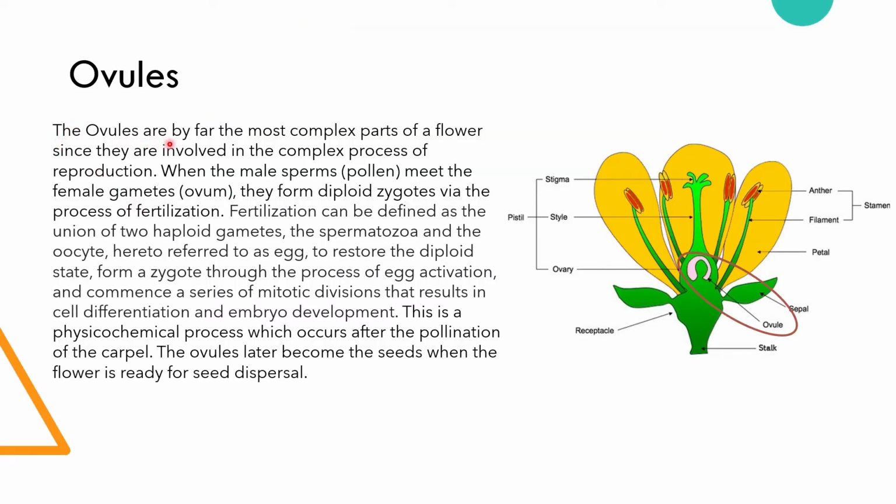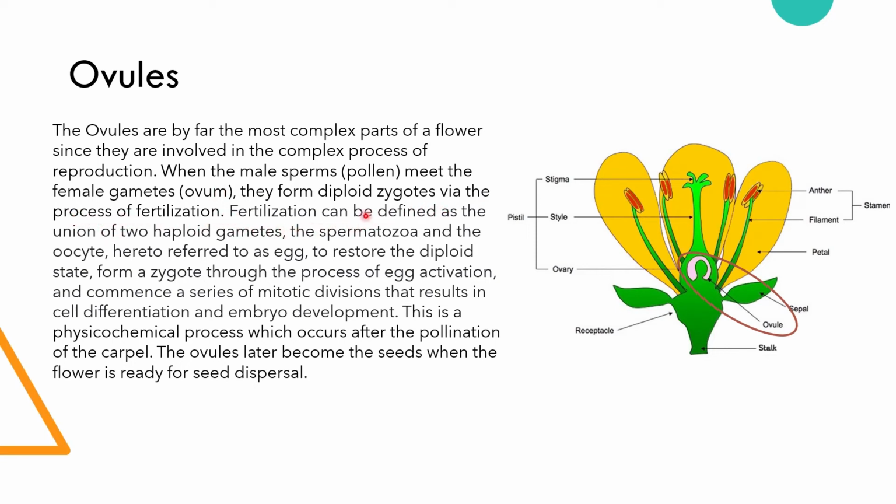The ovules are by far the most complex part of the flower, since they are involved in the complex process of reproduction. When the male sperm's pollen meets the female gamete's ovum, they form diploid zygotes via the process of fertilization.